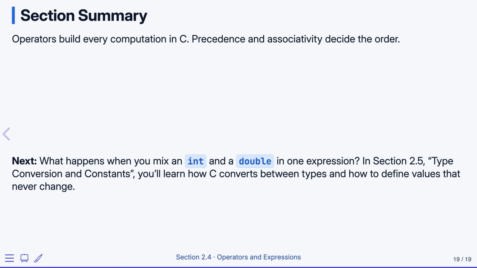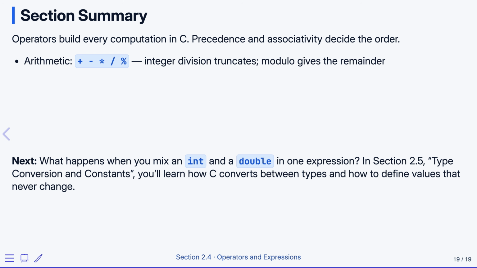Let's recap. Operators build every computation, and precedence and associativity decide the order. The arithmetic operators are plus, minus, star, slash, and modulo. Remember that integer division truncates, and modulo gives the remainder. Relational operators compare two values and give 1 or 0.